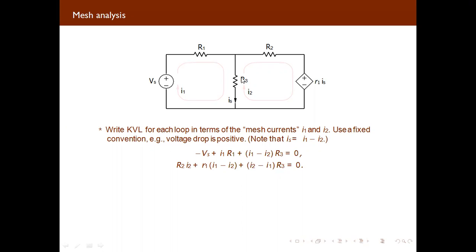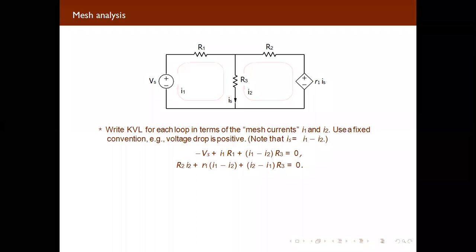Now for R3, I1 is going clockwise but I2 is going the other way. So for R3, I1 is outgoing, so we take it as positive, and I2 is incoming, so we take it as negative. So we get I1 minus I2 into R3 equal to 0.